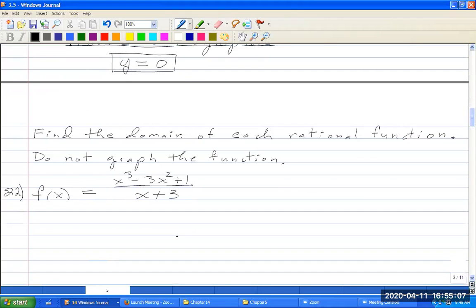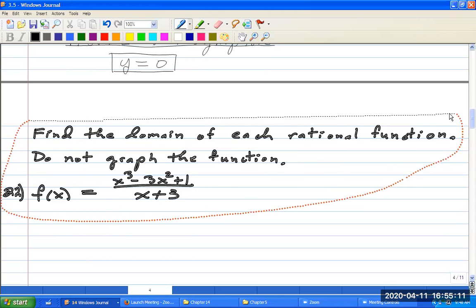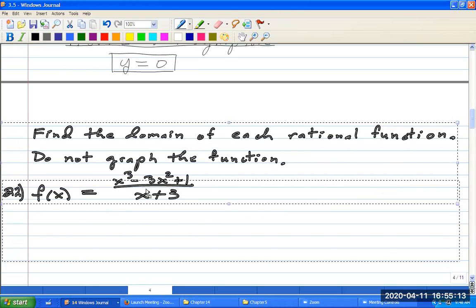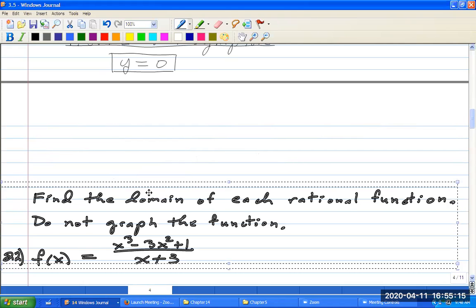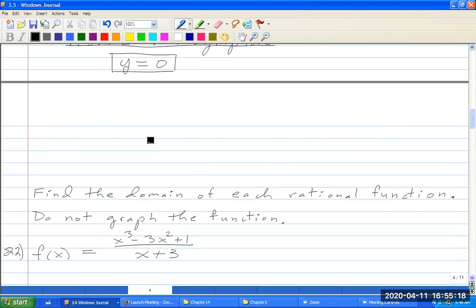Next, I want to find the domain of my function.